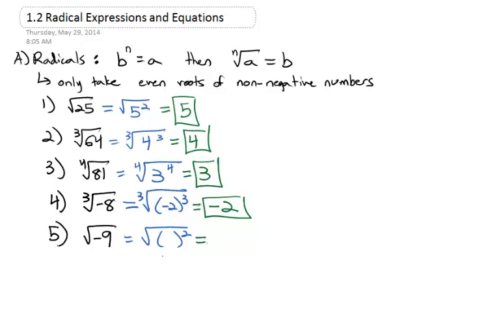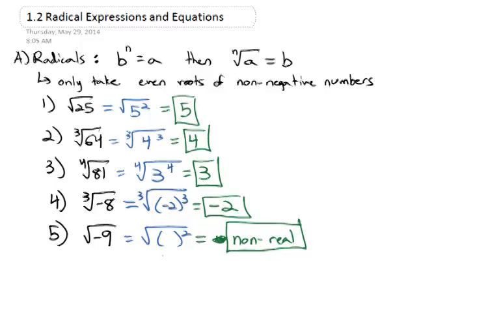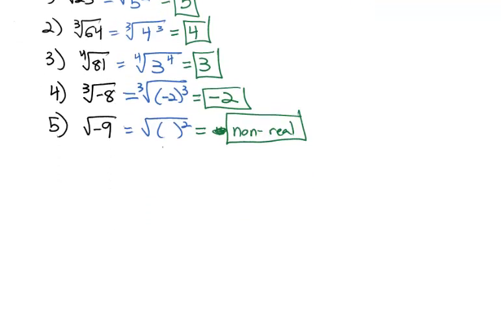So when the index is even and the radicand is negative, we say that it is not, well, we could say undefined, but I'm going to say non-real answer for now. We'll talk about non-real numbers in another video, but for now we'll just say we can't have a negative under a radical. Now these radicals were all nice because they simplified really quickly to the numbers we needed.